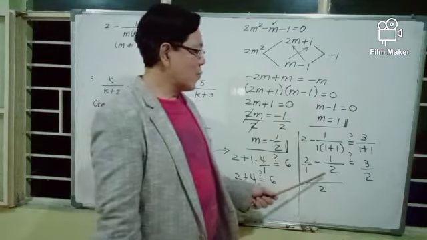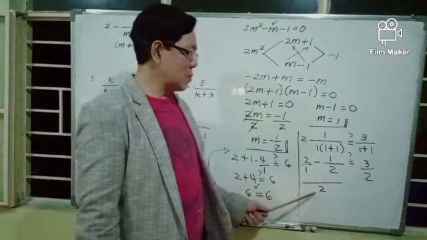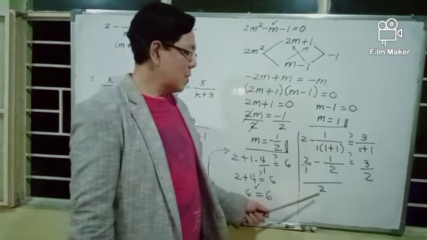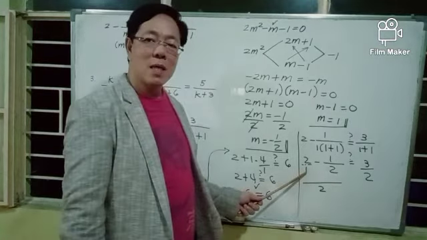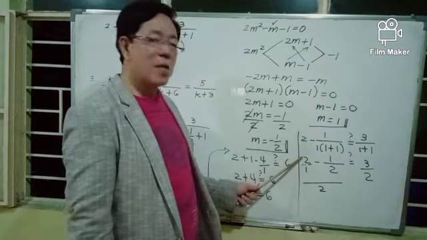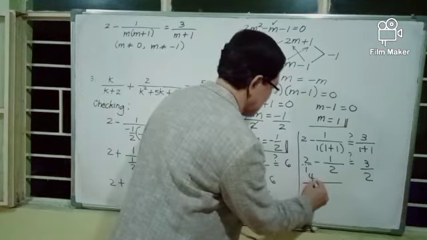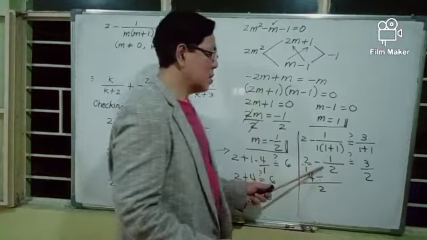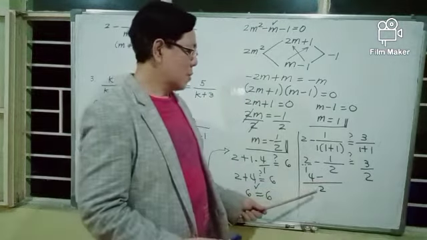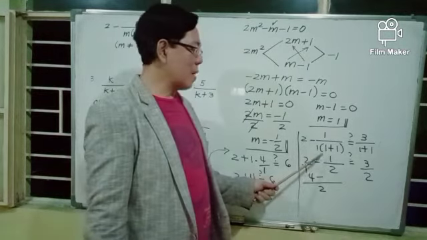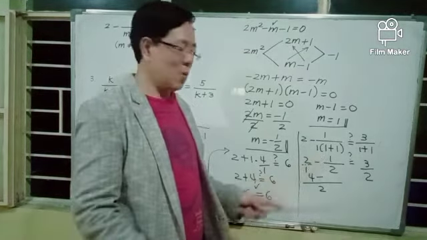And the LCD of 1 and 2 is 2. Now, we find the numerator. 2 divided by 1 is 2, multiplied by the numerator 2 is 4. Minus 2 divided by 2 is 1, multiplied by the numerator 1 is 1.